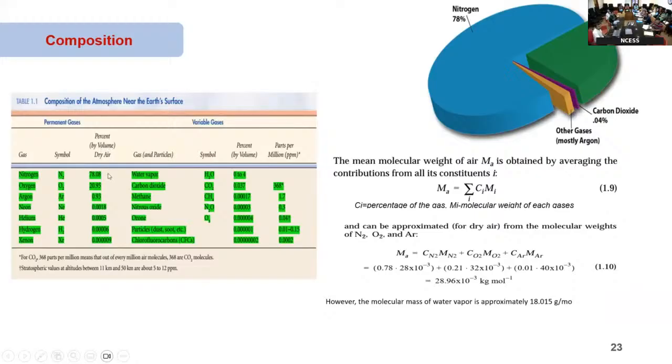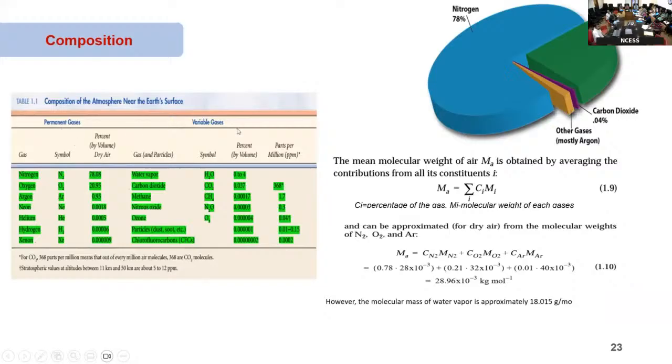Nitrogen is around 78 percent, oxygen is 20.95, argon is 0.93, and neon. These four are the main components in the atmosphere, and the minor components are helium, hydrogen, xenon. These are called permanent gases.